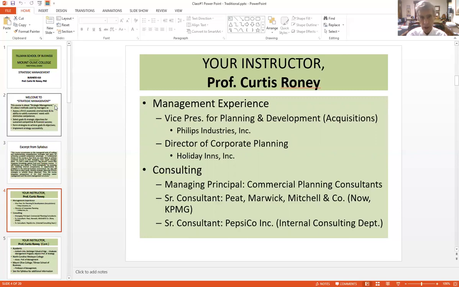And I was managing principal of a small strategic management consulting firm. Before that, I was a senior consultant at a big consulting firm called Peat Marwick Mitchell and Company, which is now called KPMG, which is best known as an auditing firm.